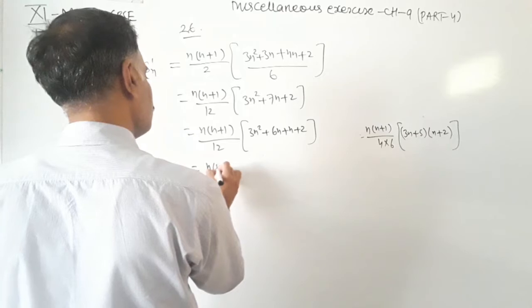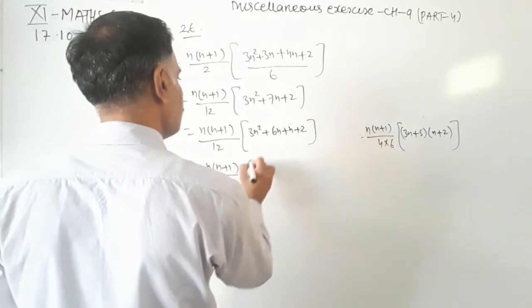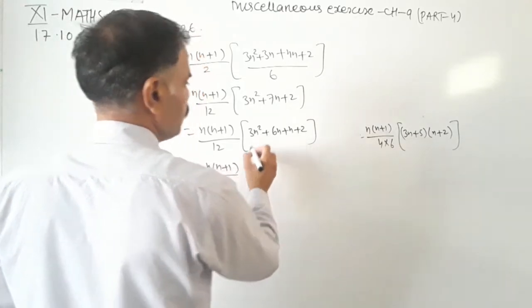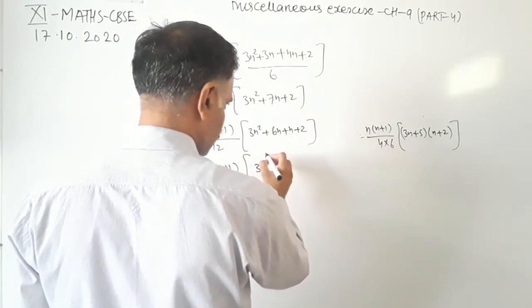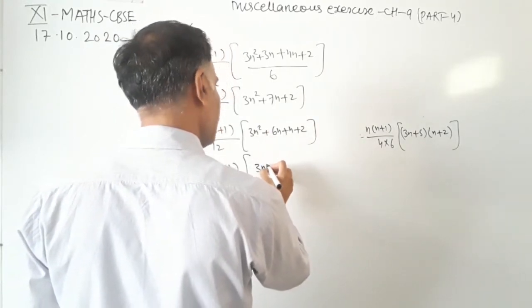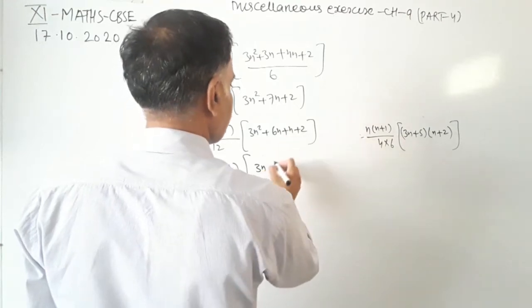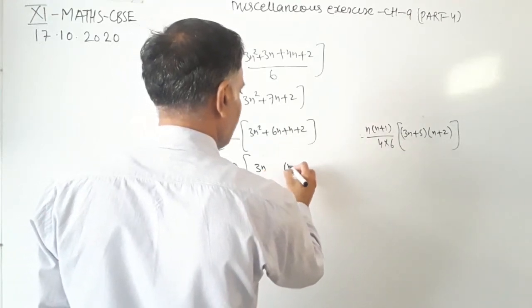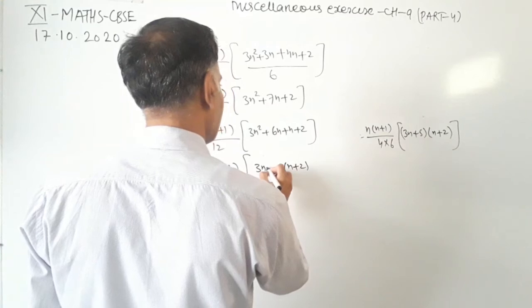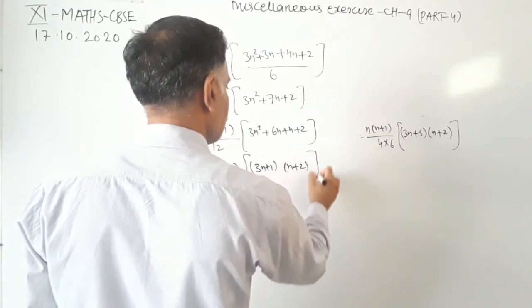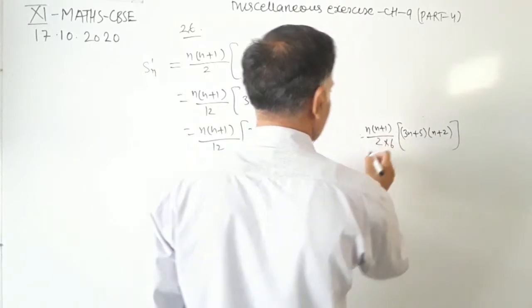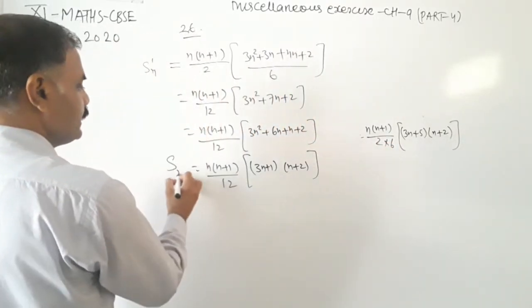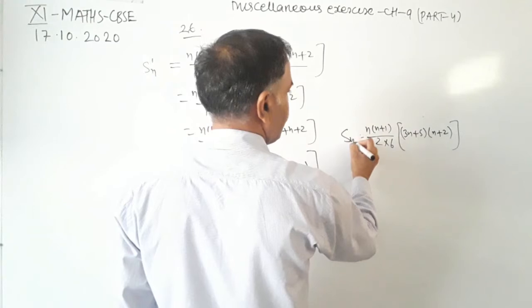So n into n plus 1 by 12 into, taking 3n as common, n plus 2 into 3n plus 1. Now this is S dash n and this is S n.